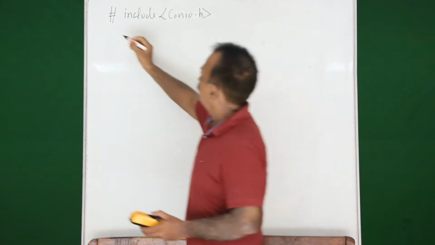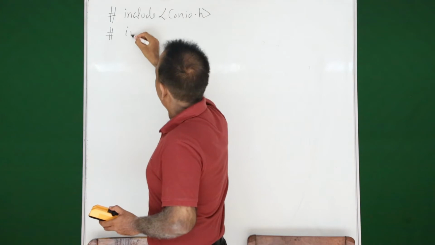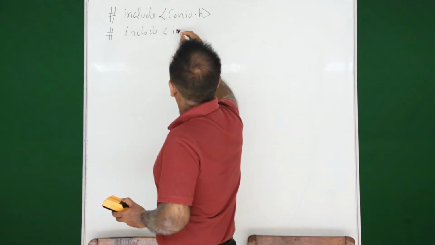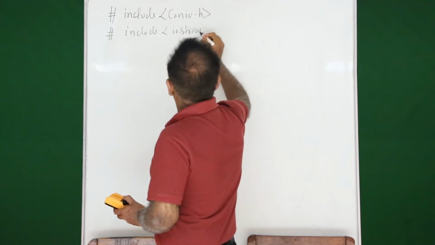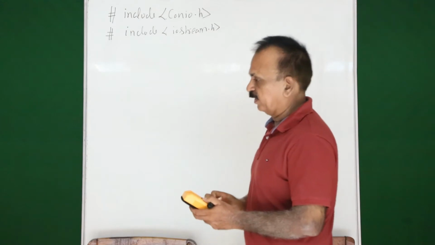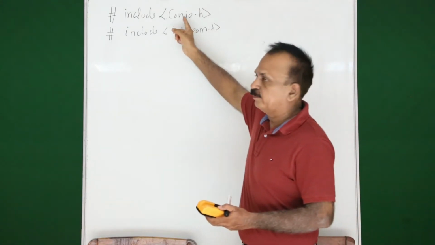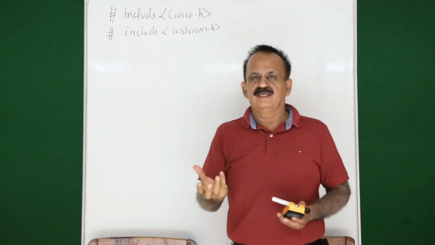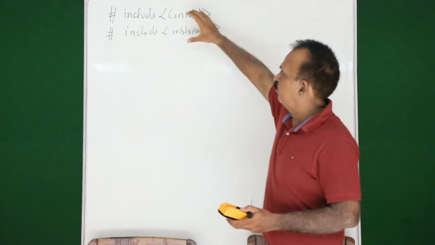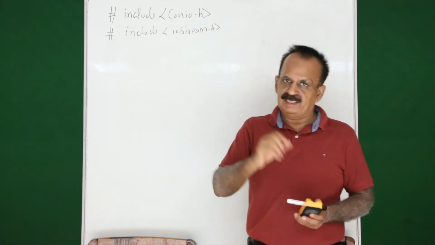The conio.h will be for the functions getch and clear screen, etc. Now these two header files are required to use some of the built-in capabilities of the compiler.